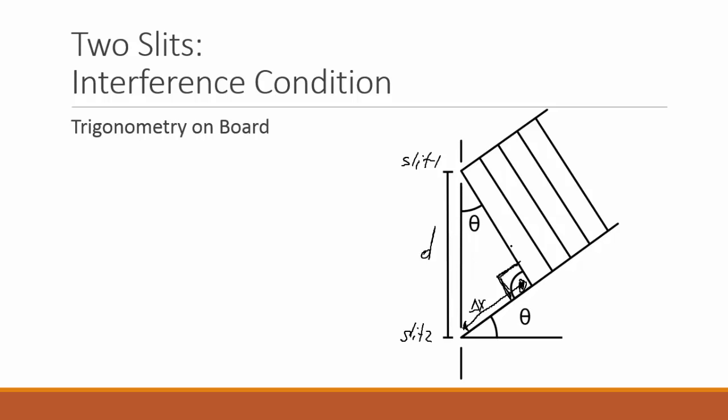And if I look at this triangle, which is a right triangle, I can say that D is the hypotenuse, delta x is the opposite, and so therefore sine of theta, opposite that angle, is delta x, the opposite, over the hypotenuse, D. Well, in other words, that delta x is D sine theta. This is just a math trick, a trigonometry trick. It has nothing at all to do with the physics of light, waves, and so forth, but we will use this fact in our discussion of light waves, because this is going to be a much more effective means of measuring delta x.